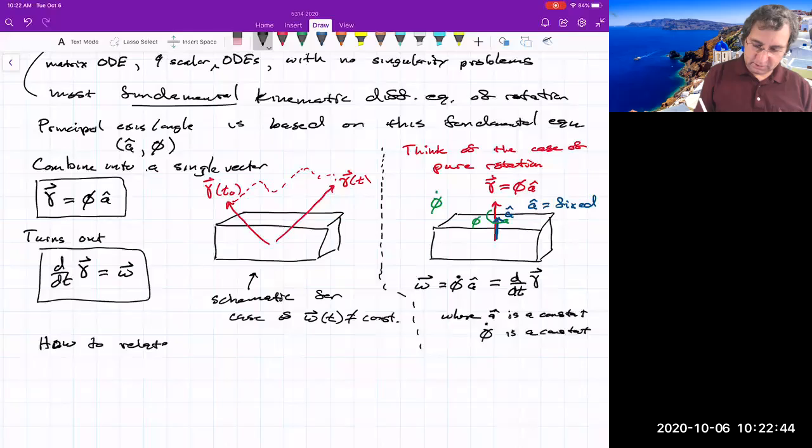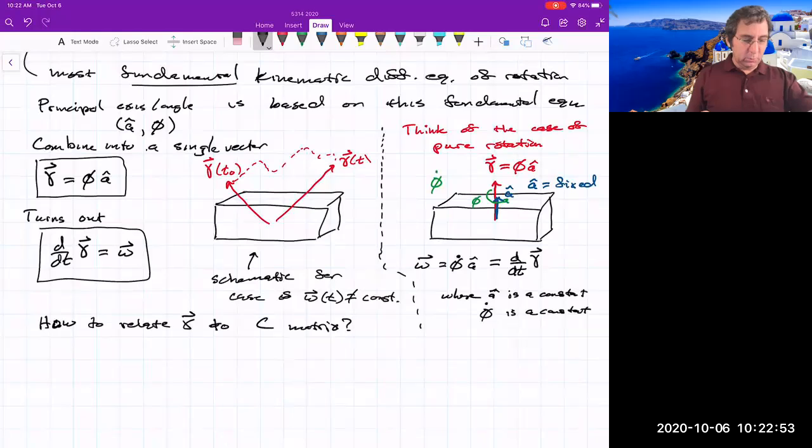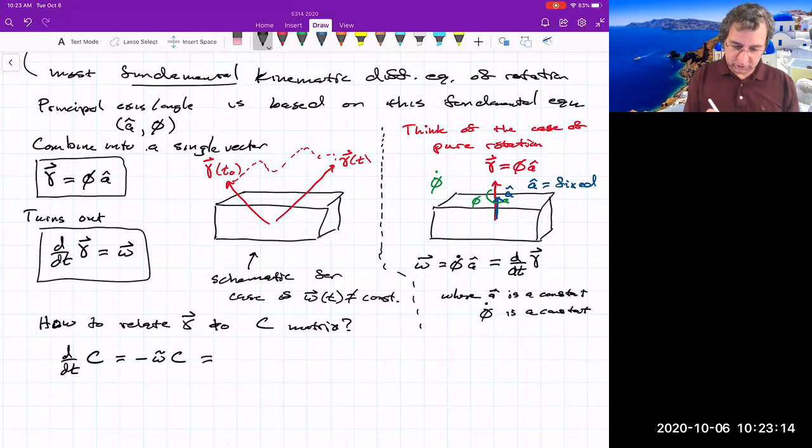How do we relate this gamma vector to the C matrix? Well, we've got something up above that we've written: d by dt of C, the time rate of change of this rotation matrix, equals negative omega tilde times C. And now we'll just substitute in this up here.